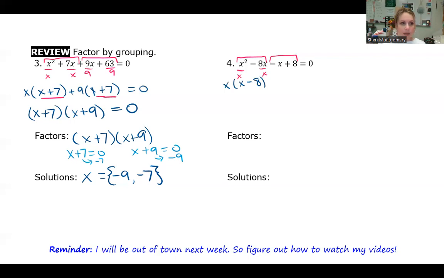And so my goal is to get another set of parentheses that have x minus 8, but you have to divide by -1 to make that happen. So now we have a new GCF, x minus 8, and we bring that out into the front.